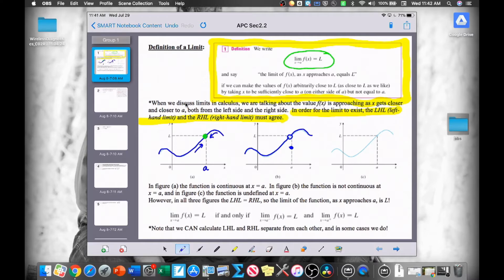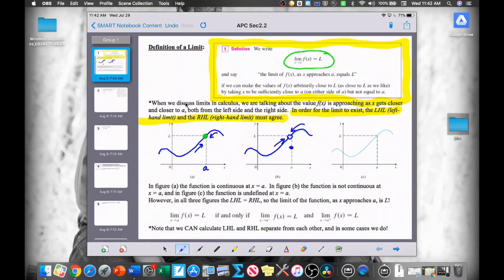If we plug numbers in on the left side of a, the value of the function is getting closer and closer to L. If we plug numbers in on the right-hand side of a, the value of the function is getting closer and closer to L. It doesn't matter that the value when x is a is not L. What matters is what's happening as we get really, really close to a. So in picture B, the limit still exists and the limit is still L, despite the fact that the function doesn't equal L when x is a.